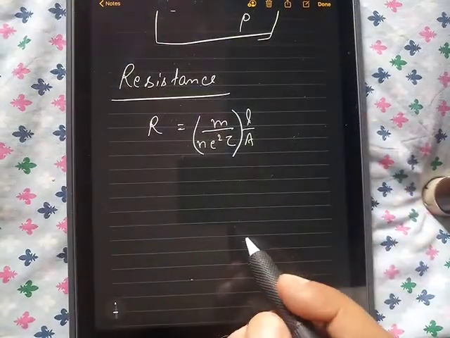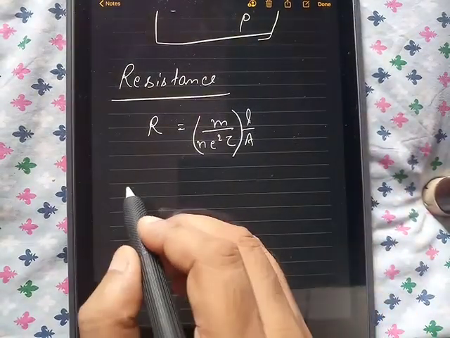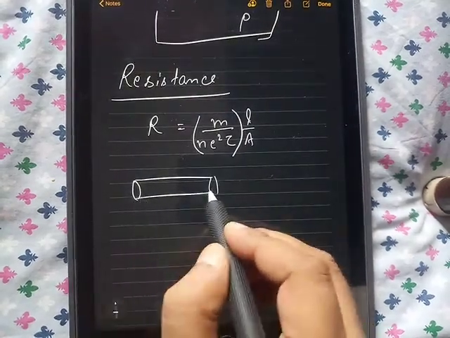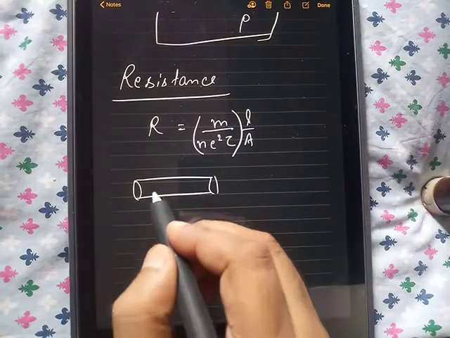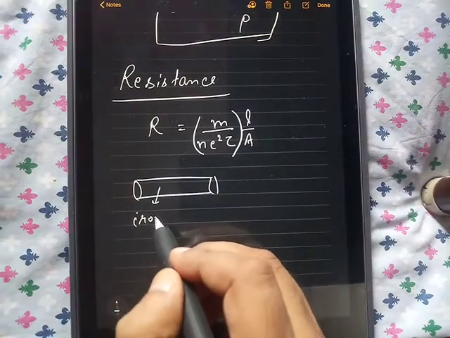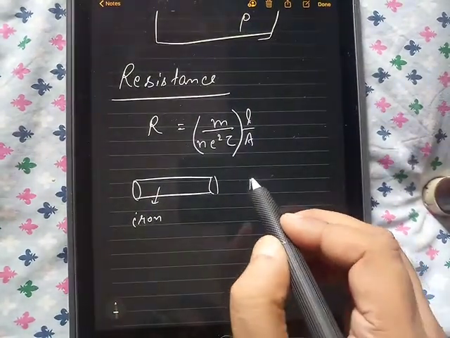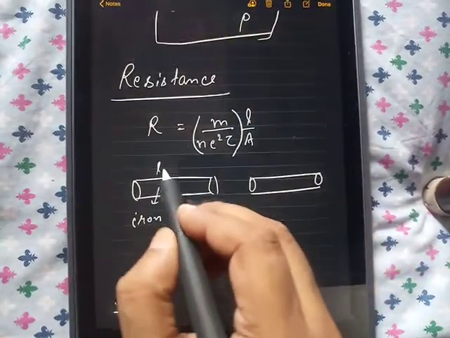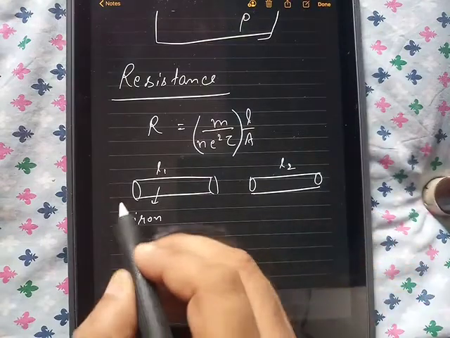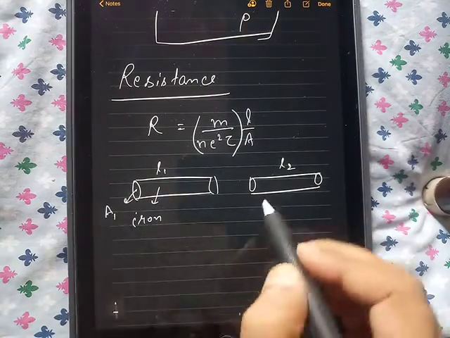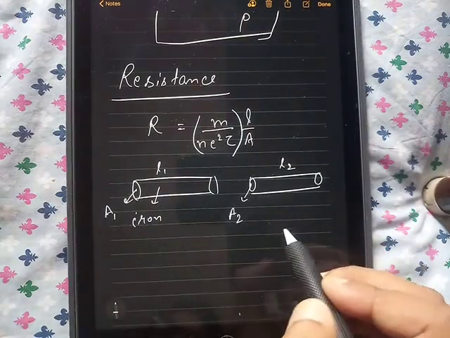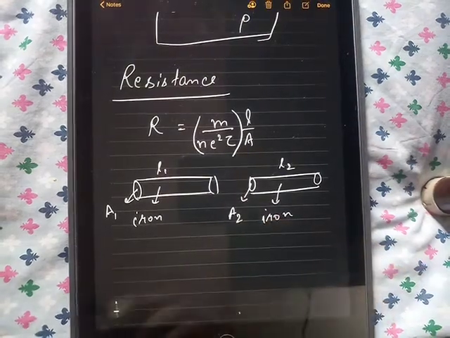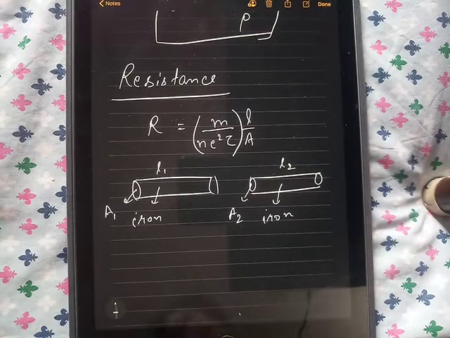So, if we take a conductor made up of iron, and another conductor made up of the same material, iron, but of different length, L1, L2, and area of cross section A1, area of cross section A2. The term in the bracket, what does it represent?